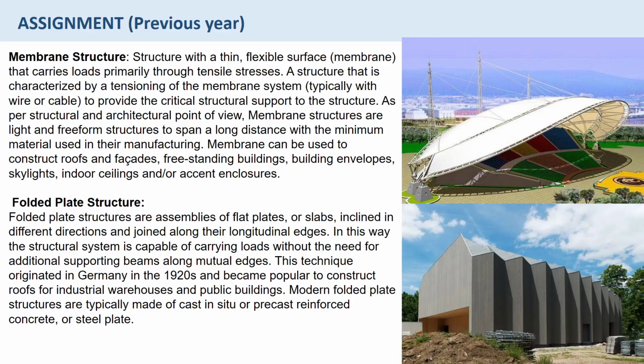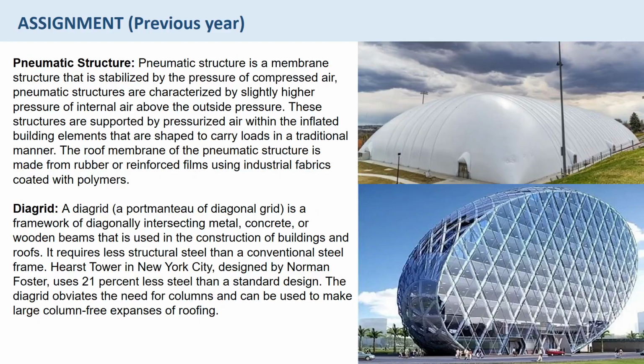So membrane structure, I explained in the previous question, and I also explained what a folded plate structure is, and what a pneumatic structure is. All three were explained in the previous question. Coming to diagrid. A diagrid is a framework of diagonally intersecting metal, concrete or wooden beams that is used in the construction of buildings and roofs.